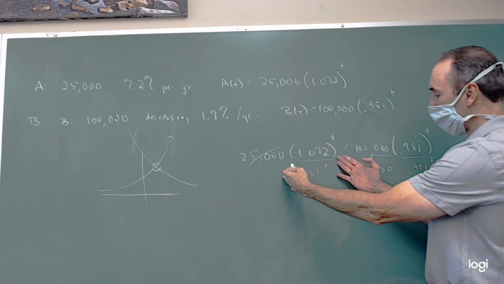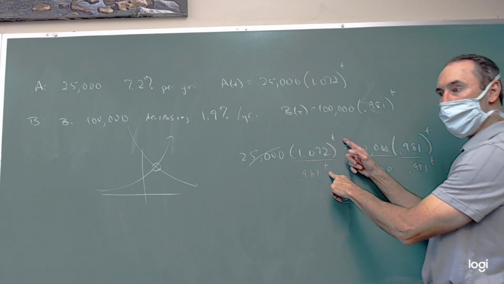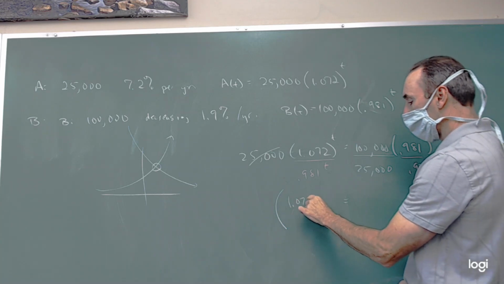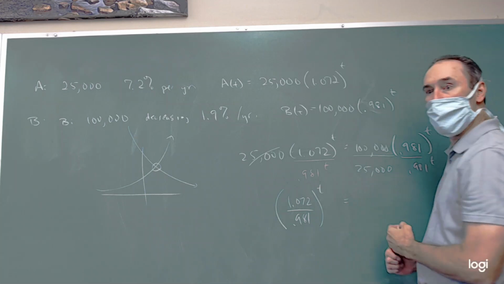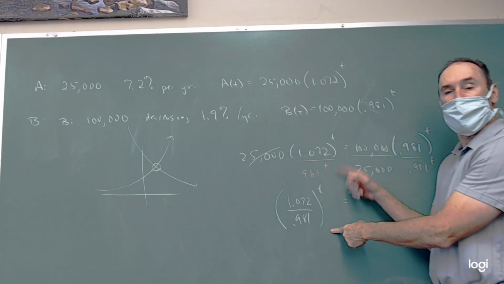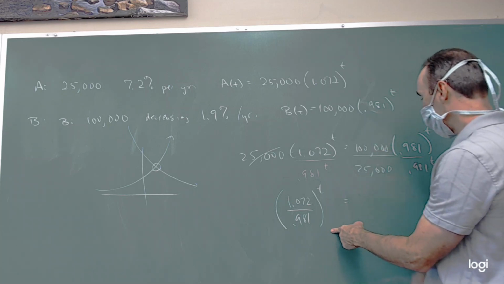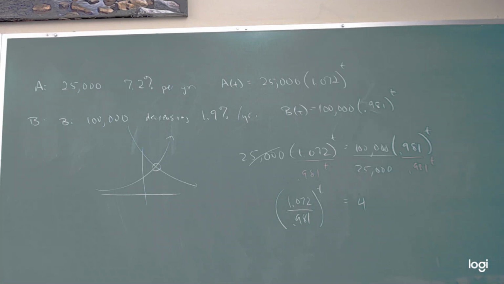So the interesting part here, if you have each of these raised to the t, you can write it as the fraction 1.072 over 0.981 to the t power. This is the interesting math part of this. And then 100 divided by 25 is 4. Is that okay?